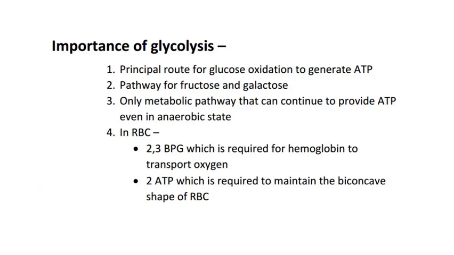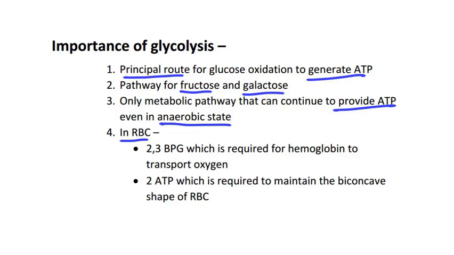Now we will learn the importance of glycolysis. It is the principal route for glucose oxidation to generate ATP. It is also the pathway for fructose and galactose oxidation. Moreover, it is the only metabolic pathway that can continue to provide ATP even in anaerobic state. Here in RBC, anaerobic glycolysis takes place as RBC have no mitochondria.